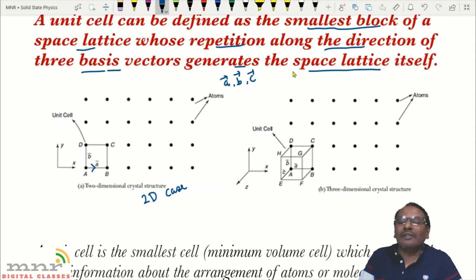These vectors are called basis vectors. Just like we take unit vectors i cap, j cap, k cap in the case of three-dimensional coordinate axes, in a crystal structure we take three directions represented by vectors similar to unit vectors, and they are called basis vectors.